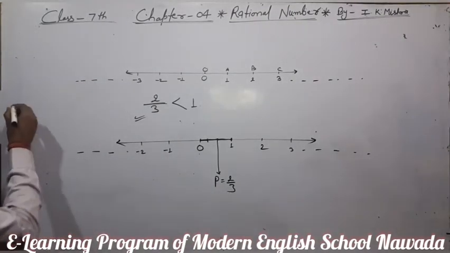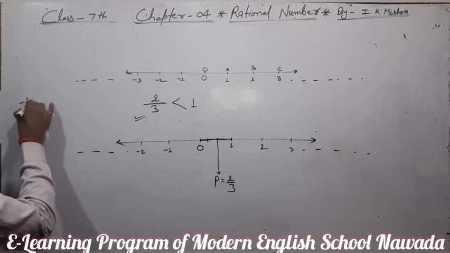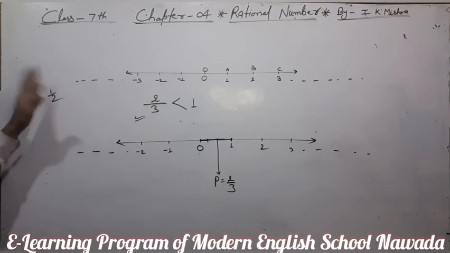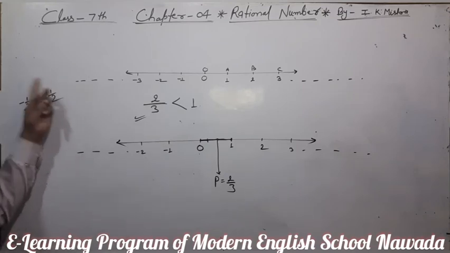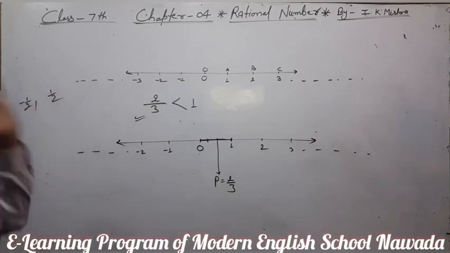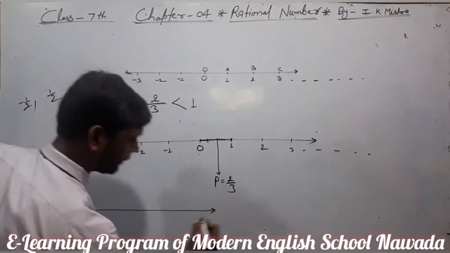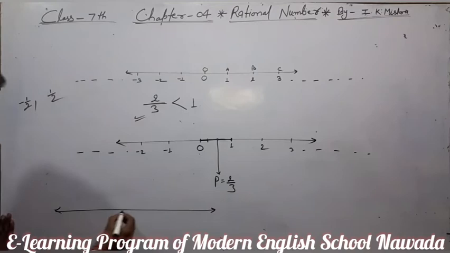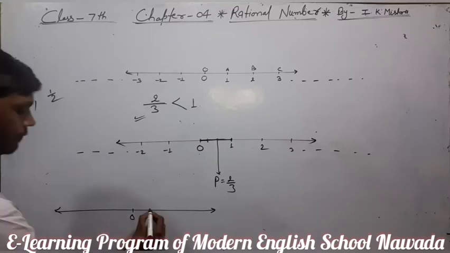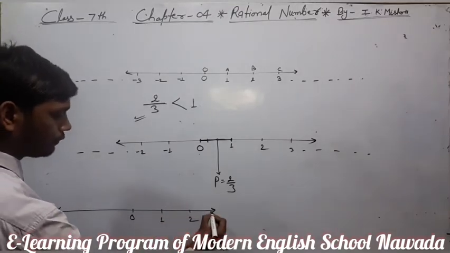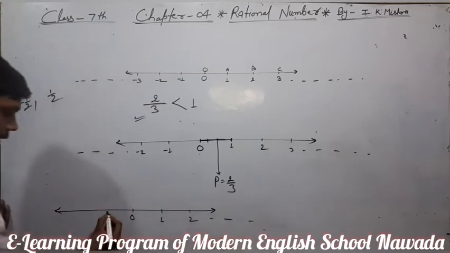Again you represent another rational number. Suppose you have to represent -1 by 2 and 1 by 2 on the same number line. First of all, draw a line and write 0 approximately in the middle, and 1, 2, and so on.